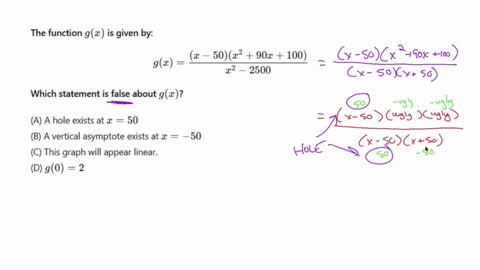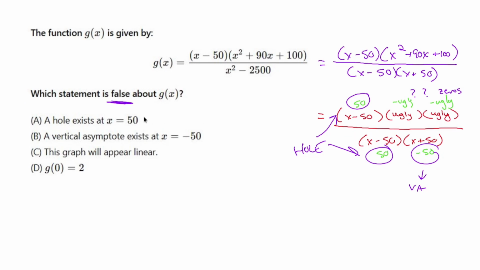Negative 50 is not a hole, and by the way, the same thing with regular 50, since the only way that you're going to get answers for this, they're going to be ugly numbers. There's no way that any of them are going to be 50. So none of these are going to match up, none of them. So negative 50 is a vertical asymptote no matter what. And whatever these guys are, who cares, they're going to be zeros. Okay, so a hole exists at 50.